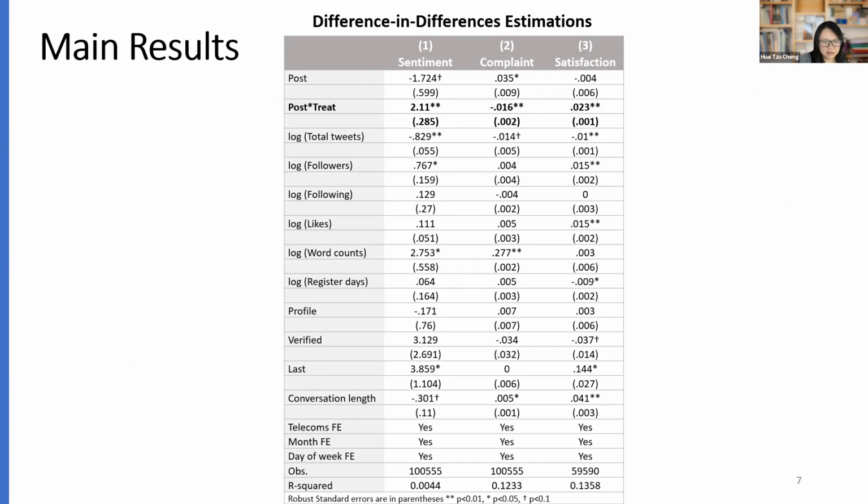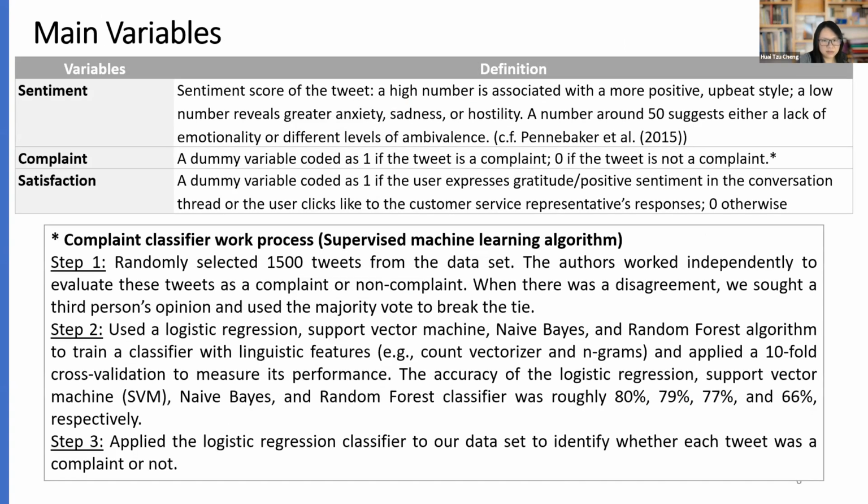Where you said it's a dummy variable expressing the positive sentiment in the conversation, right? For the sentiment, it's a continuous variable, this polarity score. And the satisfaction is also related to the sentiment variable, because it's the positive sentiment. Or did I misunderstand that?